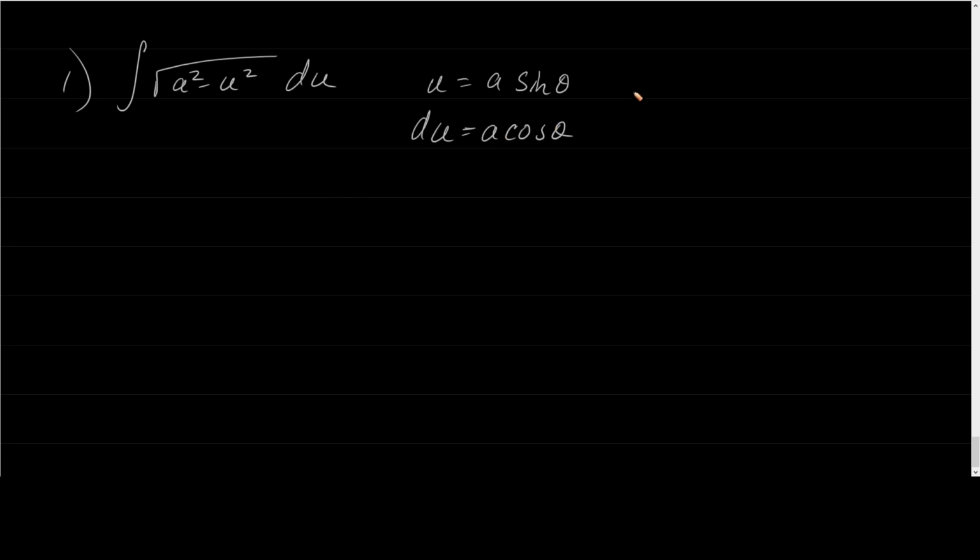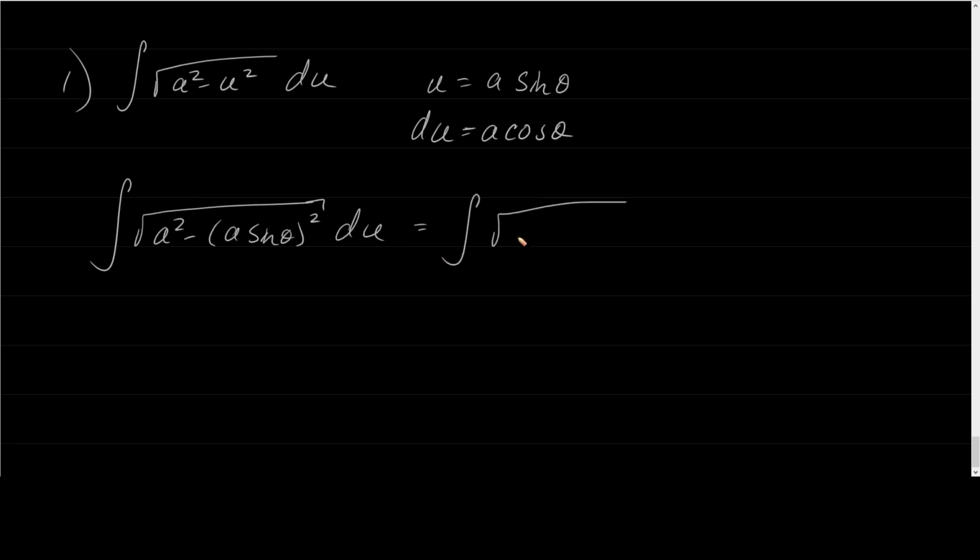So this integral becomes the integral of the square root of a squared minus a sine theta squared du. So what I get now is the integral of the square root of a squared minus a squared sine squared theta. And then, oh, hold on. Look at that. I messed up already.